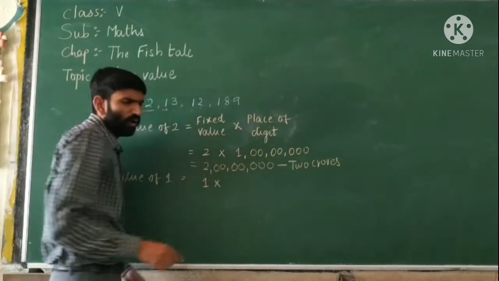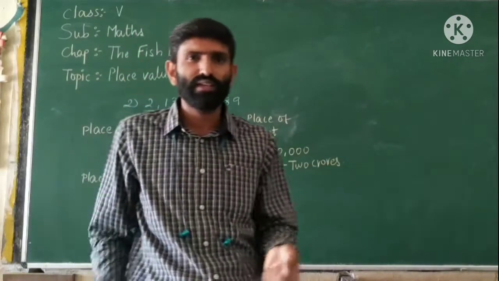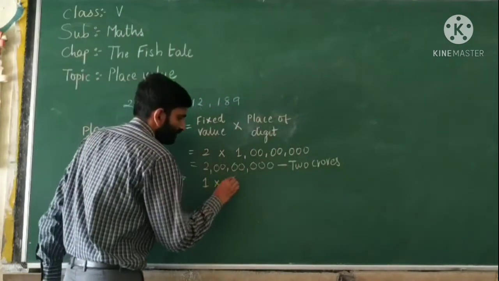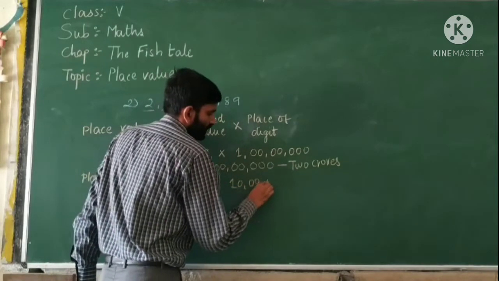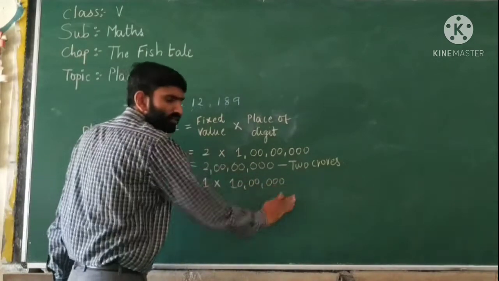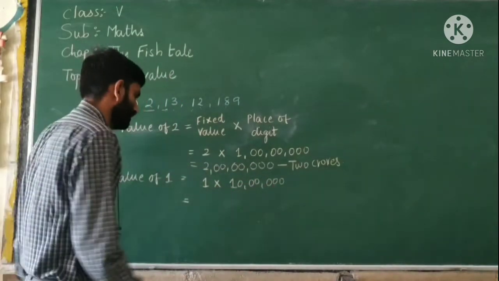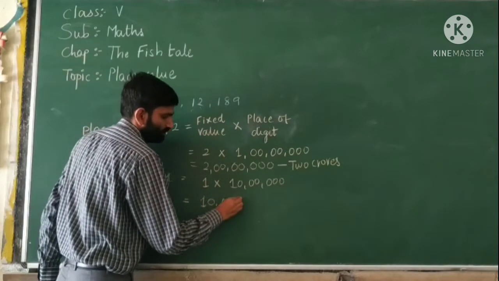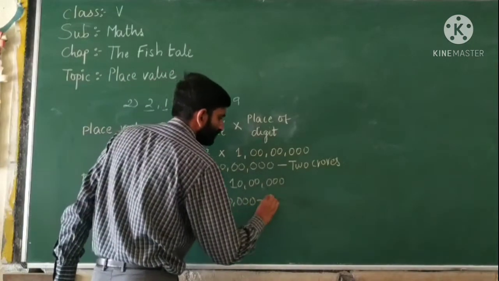It is 10 lakh. 10 lakh means one zero less than our 1 crore. Okay. Now we'll write it down. 6 zeros. Okay. Now if we multiply this, forget all zeros. 1 ones are 1. Add all the zeros. It is 10 lakh.